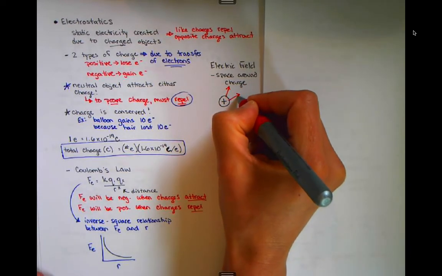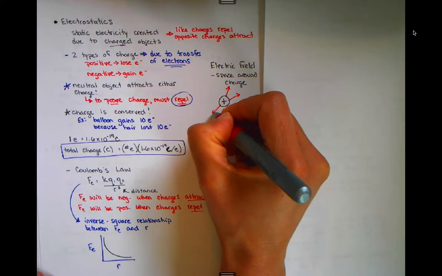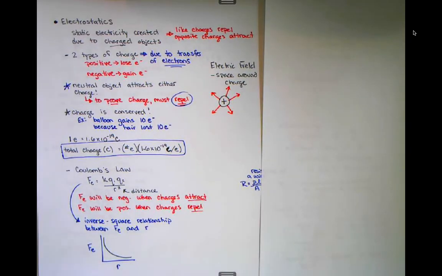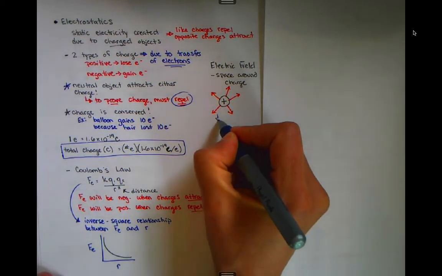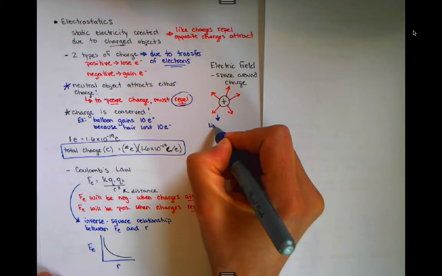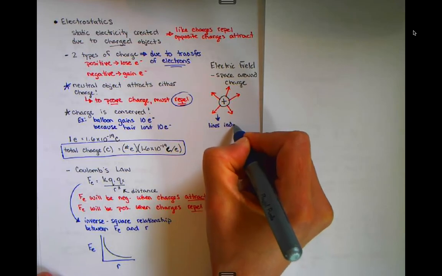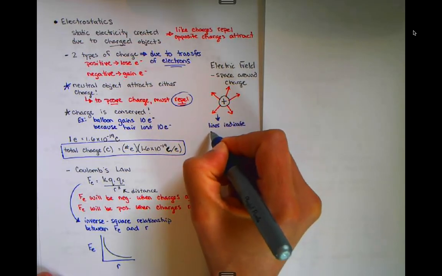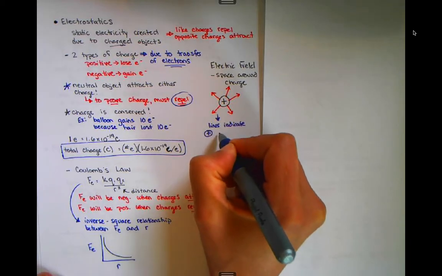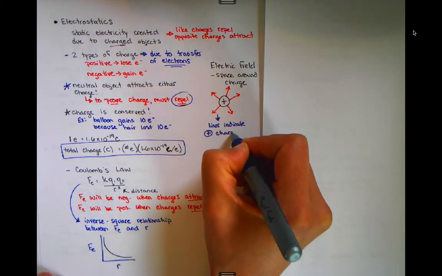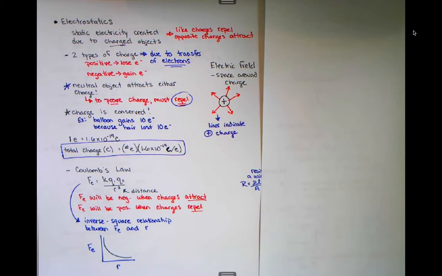So positive would be pushed away from a positive. Right? So those field lines show us how positive particles would move. Right? So lines indicate how a positive charge would move in that space.